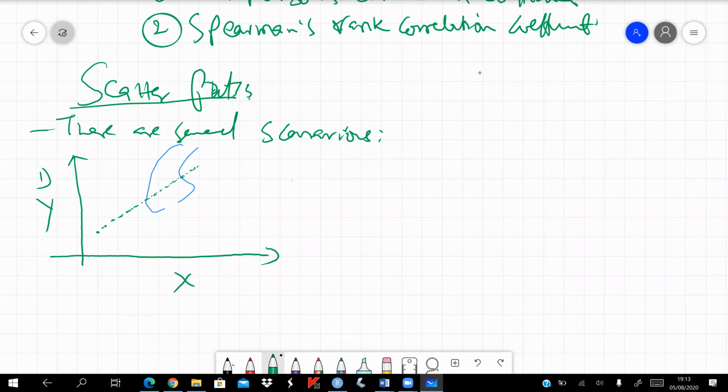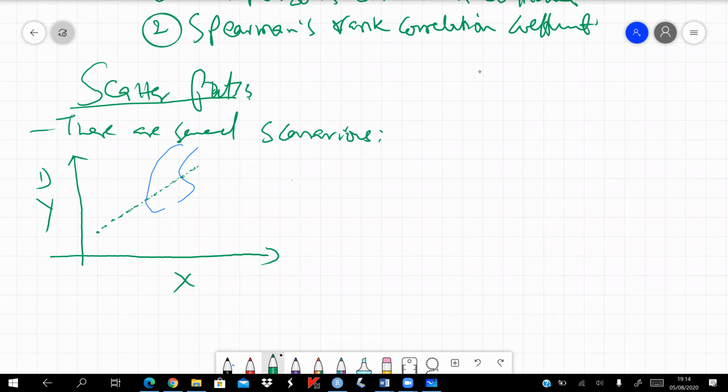So if that happens, you say that the two variables, X and Y, are perfectly correlated if the points are falling on a straight line. Then if you fit a trend line there and the slope is positive, you say there is perfect positive correlation.